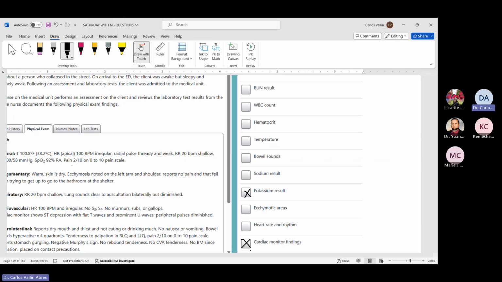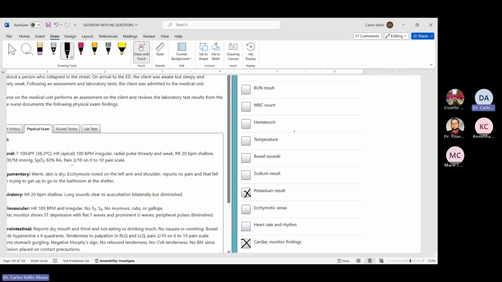So we need to choose between the potassium, the cardiac monitoring findings, and the high sodium, which is 150, and the sign of dehydration.